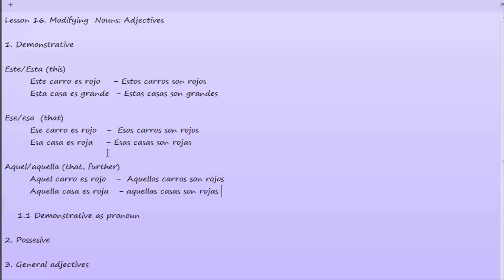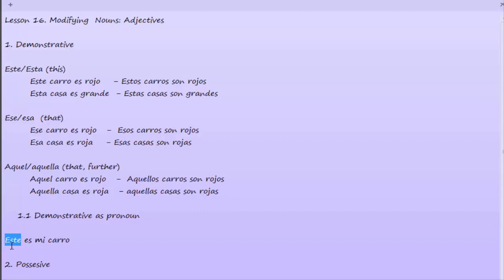But the demonstrative adjectives can also be used as pronouns. For example, este es mi carro. This is my car. Please notice that the word este is not used as an adjective anymore because it is not modifying any noun.